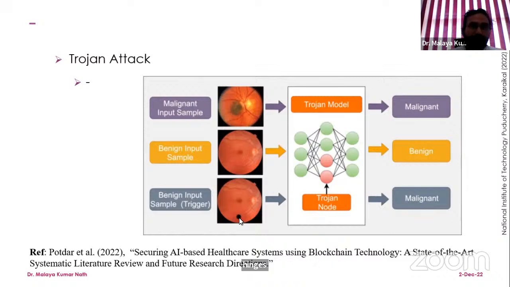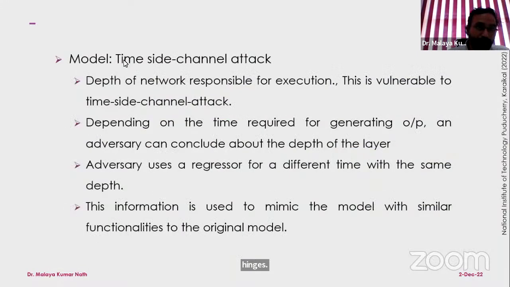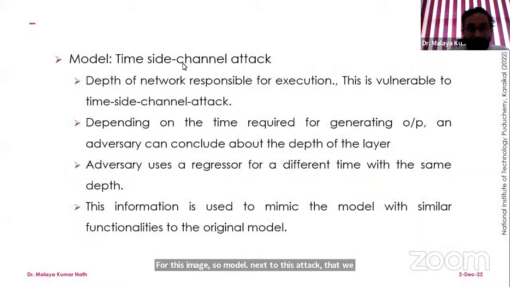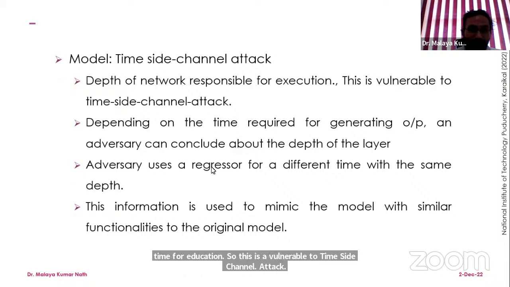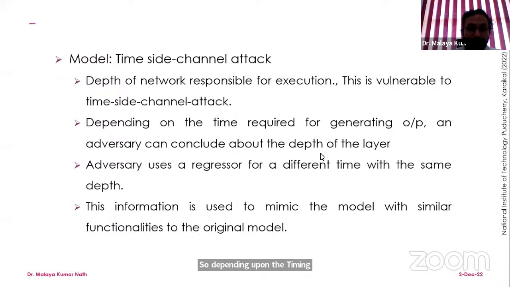Next, this attack that occurs to the model is called the time side channel attack. What is this time side channel attack? Basically, the depth of the network is responsible for execution time, because if the depth of this AI or DL network is very high, it takes more time for execution. So this is vulnerable to a time side channel attack. Depending upon the time required for gathering the output, an adversary can conclude the depth of the layers.